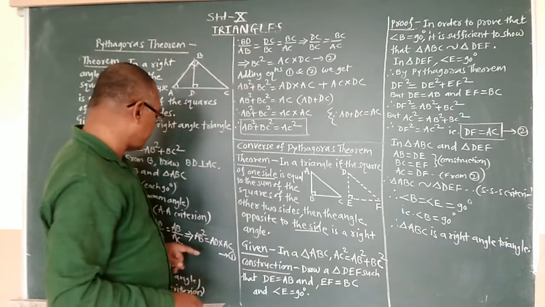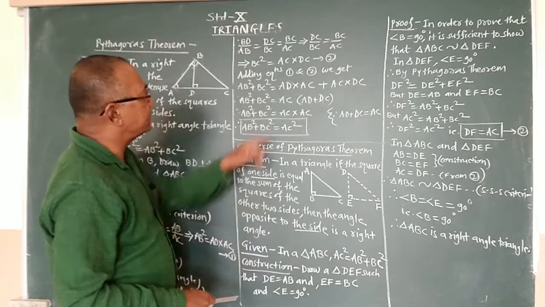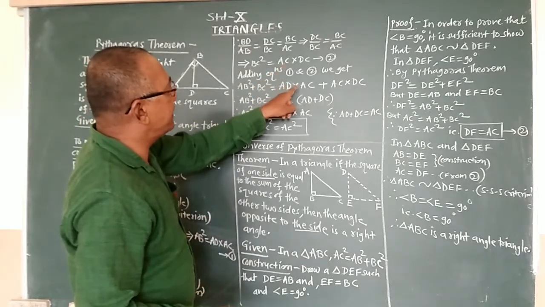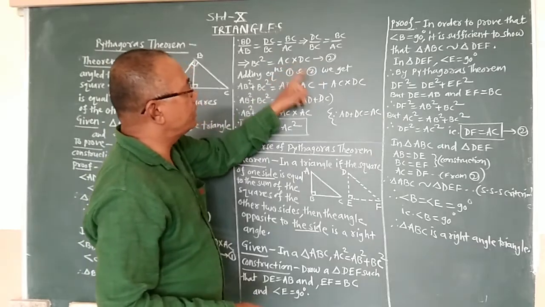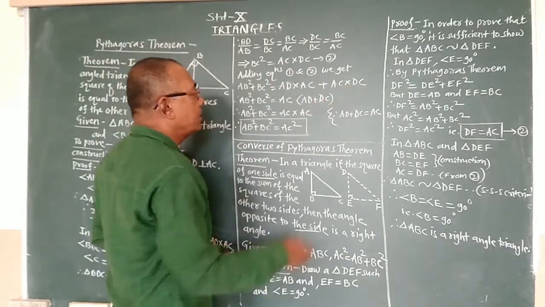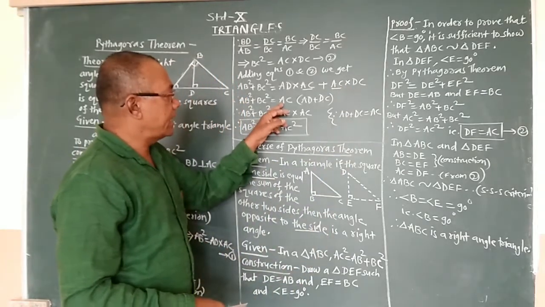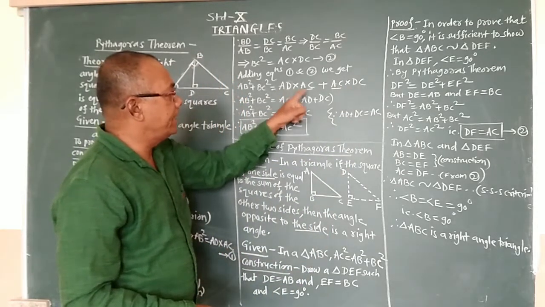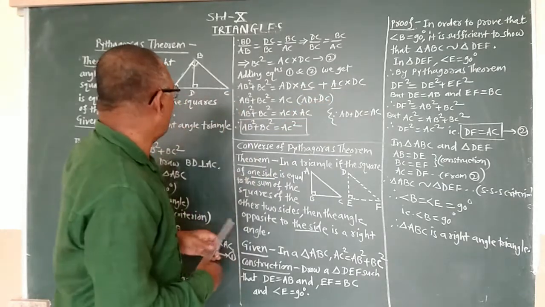The RHS of equation 1 is AD into AC, plus the RHS of equation 2 is AC into DC. Here we can take AC as common: AC into bracket AD plus DC.